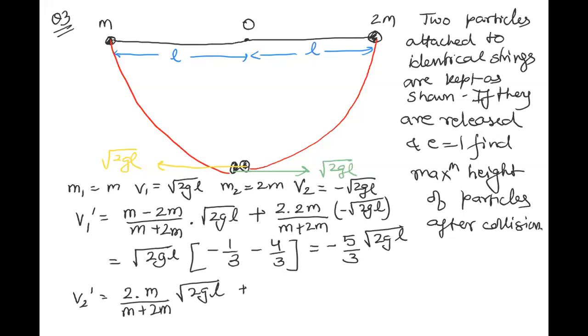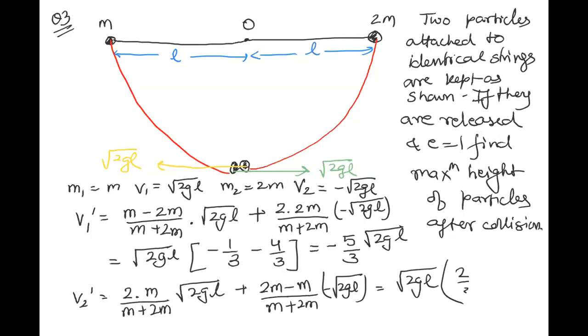Plus M2 minus M1 upon M1 plus M2 into V2. This will be equal to √2 GL, 2/3 minus 1/3 is equal to √2 GL by 3, which I can write as √2 GL by 9.